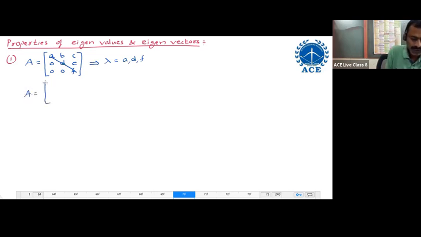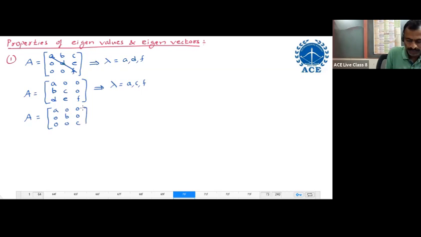Next, A equal to a 3 by 3 matrix with A, 0, 0, B, C, 0, D, E, F. For this lower triangular matrix, eigenvalues are its diagonal elements. Next, A 0 0, 0 B 0, 0 0 C. For this diagonal matrix, eigenvalues are its diagonal elements.